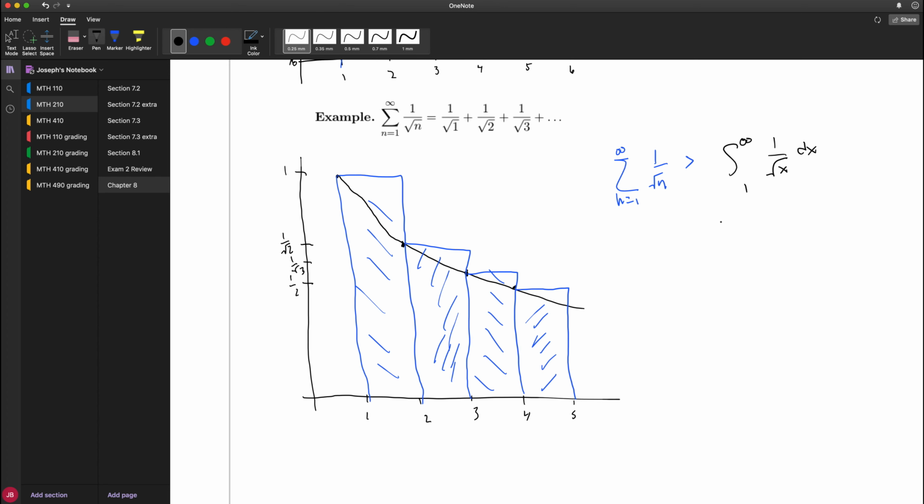Well, this right here is equal to the integral 1 to infinity, 1 over x to the 1/2. Oh, but this is a p integral with p equal to 1/2, which is less than or equal to 1. So this diverges. And so this sum here, this infinite series, is bigger than a divergent integral, and so it must also diverge.